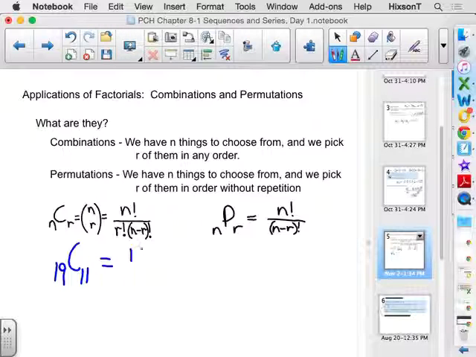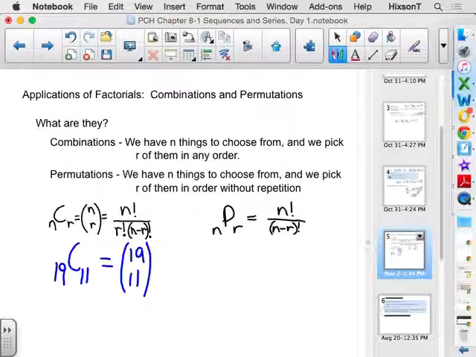We would put 19 above the 11 in parentheses. This is not a fraction. Do not write it with a fraction bar in it. It's just 19 over the 11, and that says the same thing. So that's how we could pick 11 people for a team out of the 19 of you.